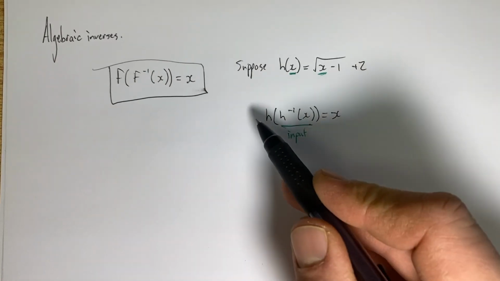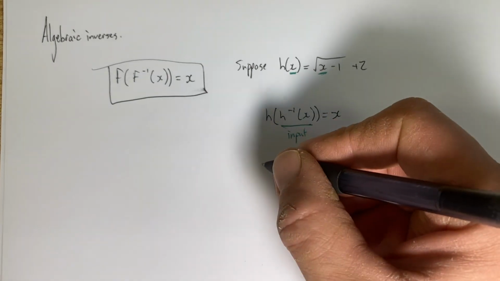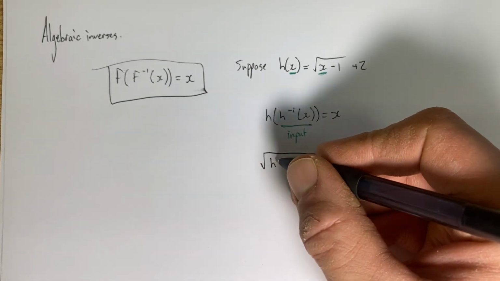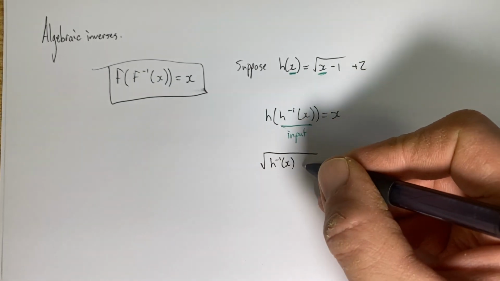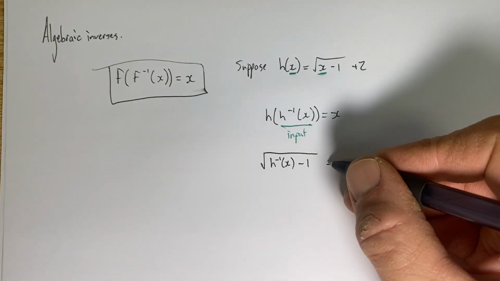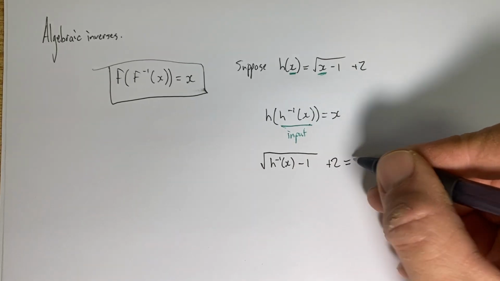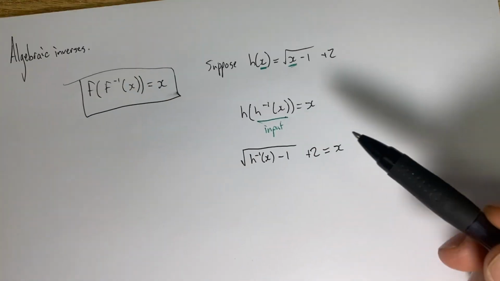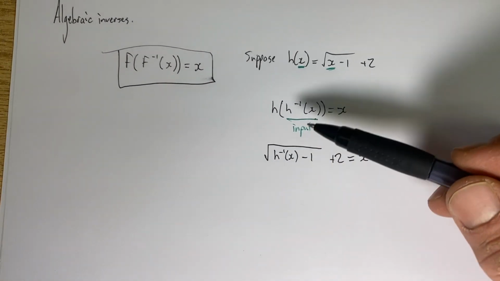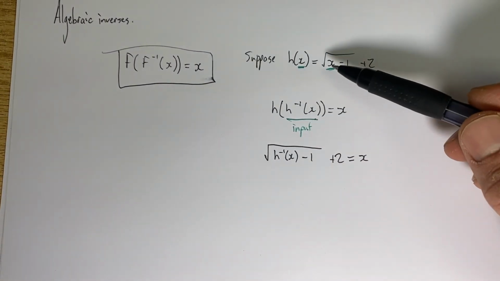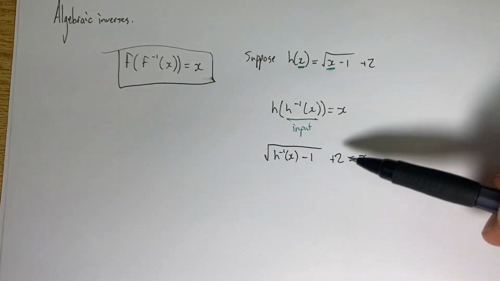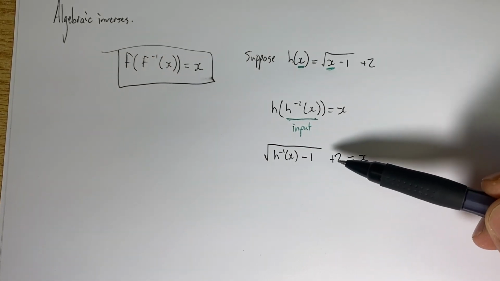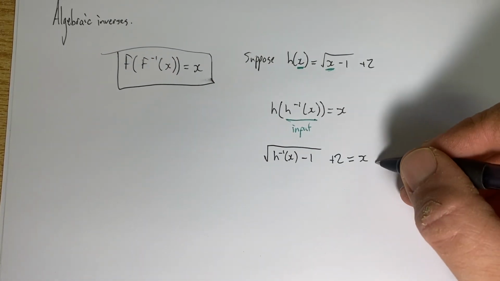So to write down h of something, it's going to be the square root of something minus 1 plus 2 is equal to x. Essentially what I've done is I've just substituted my new input in place of x, and I've replaced that in my inverse identity.